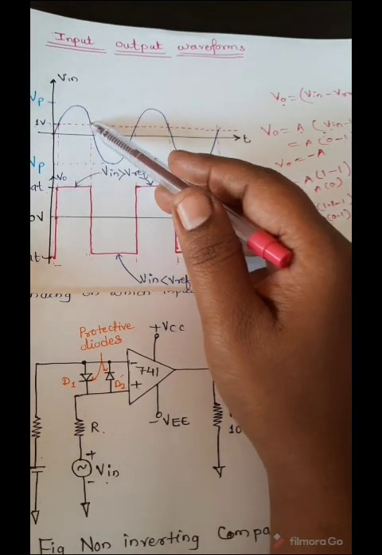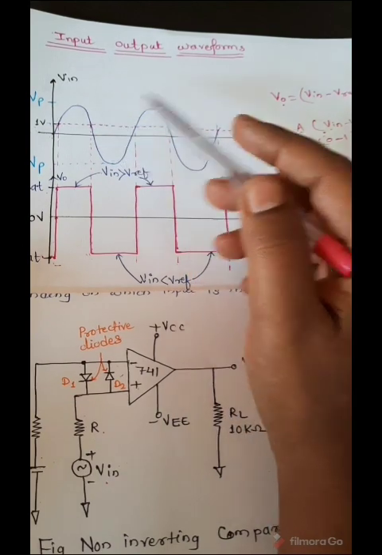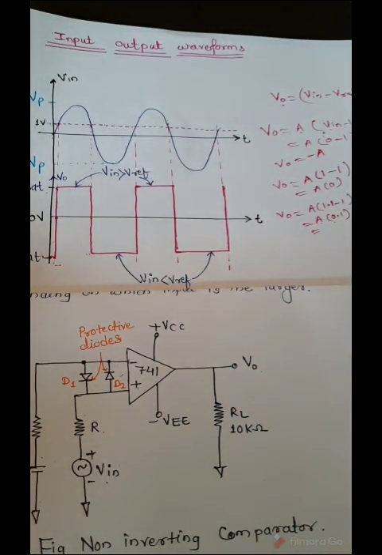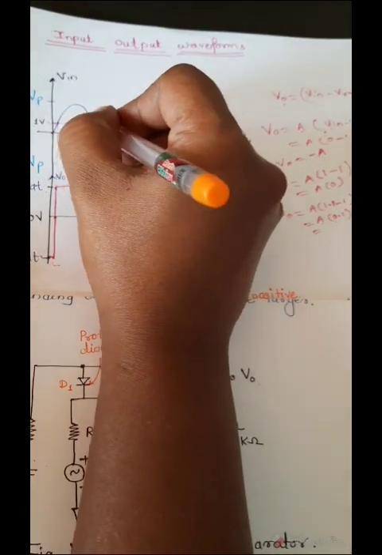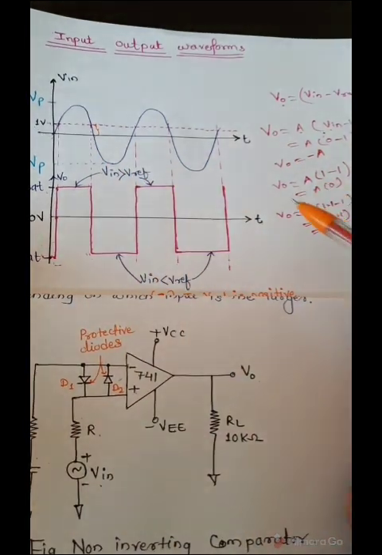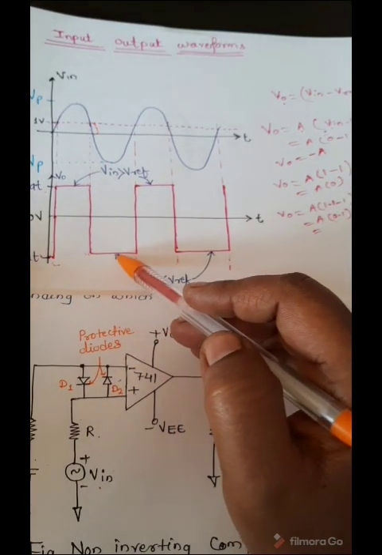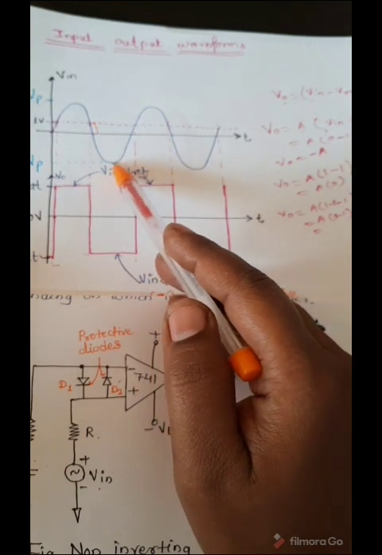Now the input signal is decreasing towards 0 volts, and all values of this portion are less than Vreference, so the output goes to negative saturation. Now Vin is further increasing, but in the negative direction.